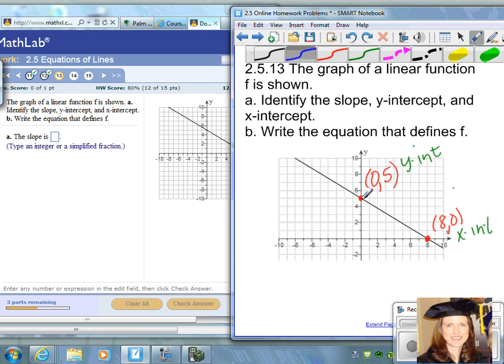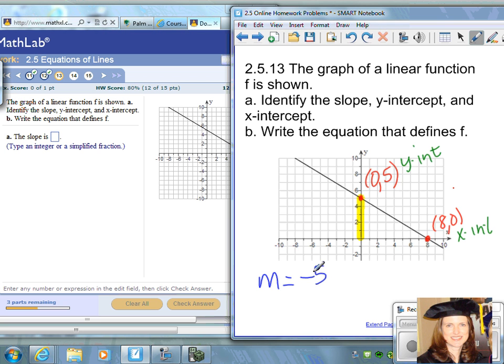What I'm going to do is use rise over run to find the slope. From this point, you're going to move down 1, 2, 3, 4, 5. So your slope is going to be negative 5, and then your run going this way. From here, you're going to go over 1, 2, 3, 4, 5, 6, 7, 8.